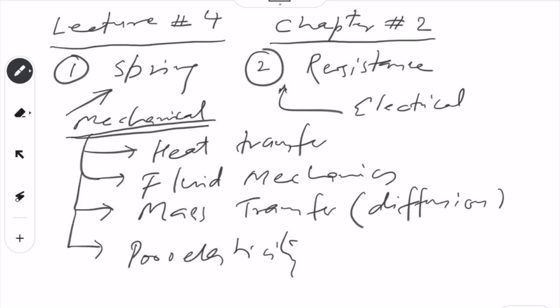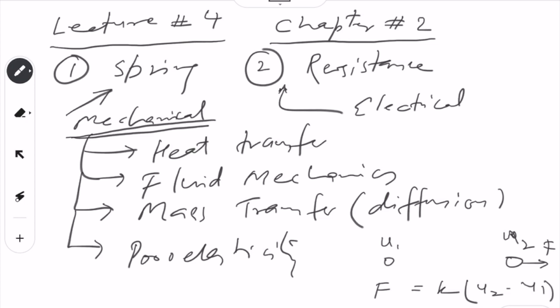So as long as we have this kind of relation where there are two ends and two properties, let's say u1 and u2, and there is some property, let's say f, that depends on the difference of the two, so f depends on u2 minus u1.